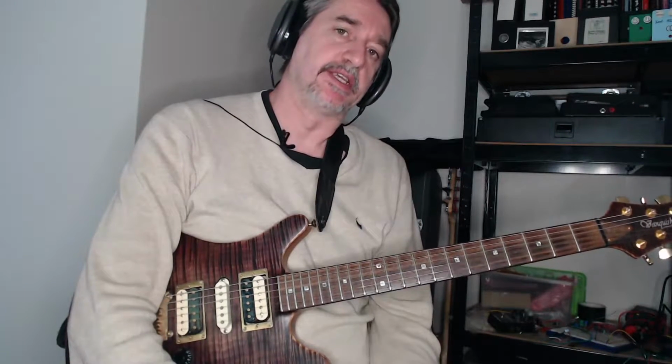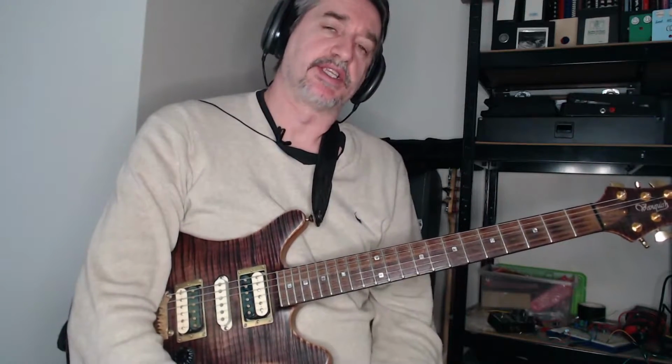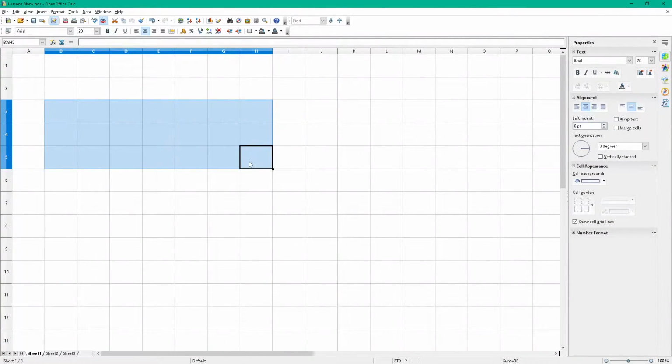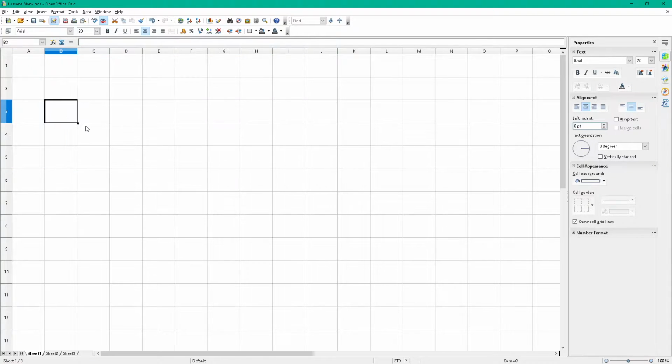In fact, let's have a look actually on how all the pentatonics now relate to our modes. So let's delete this for a second and let's quickly recap Ionian, Dorian, Phrygian, Lydian, Mixolydian, Aeolian, and Locrian.